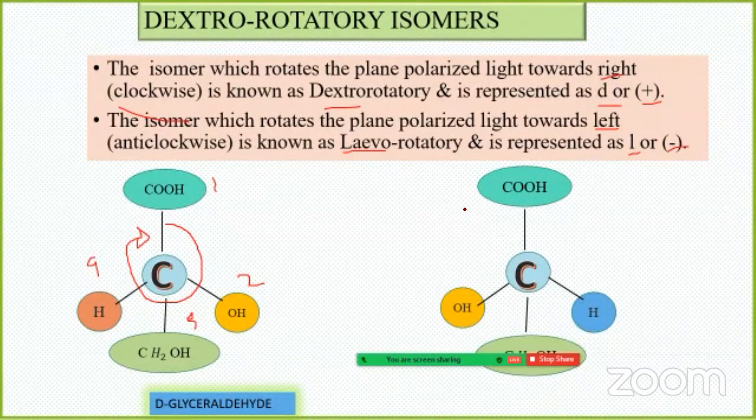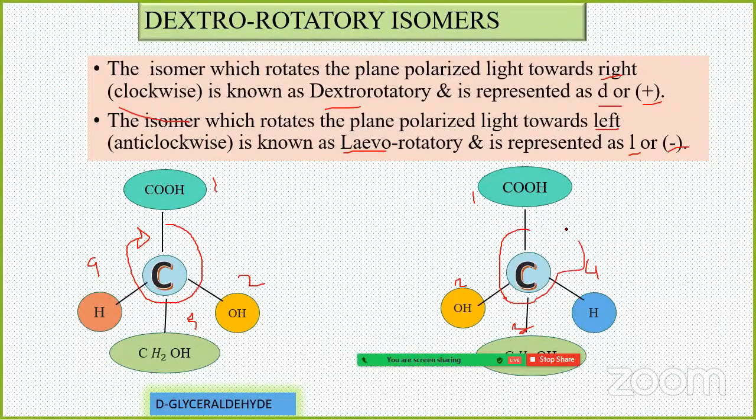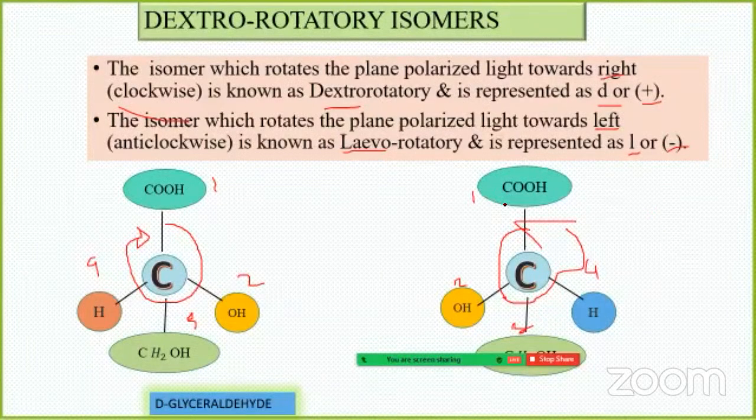Now give the numbering again: 1, OH will get 2, CH2OH will get 3, and hydrogen 4. Once you see the rotation, from the right side it is rotating towards the left side. Because it is rotating from right towards left, it is known as levorotatory and is represented by L.